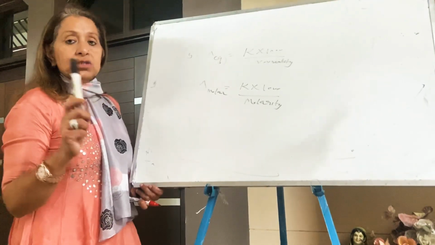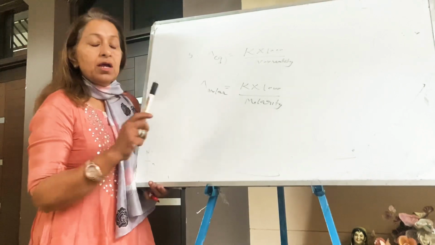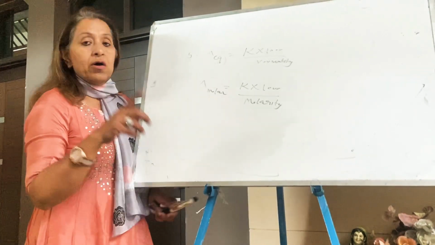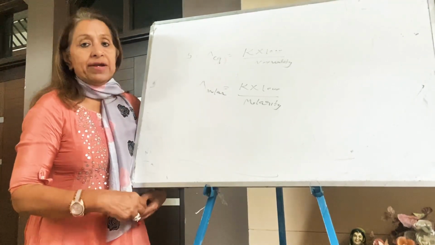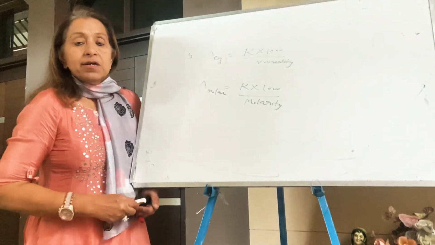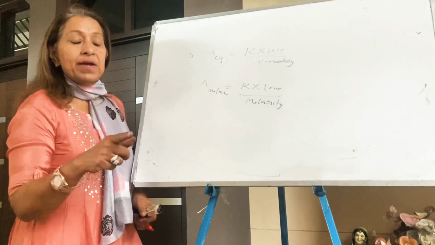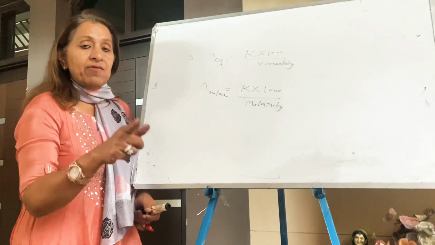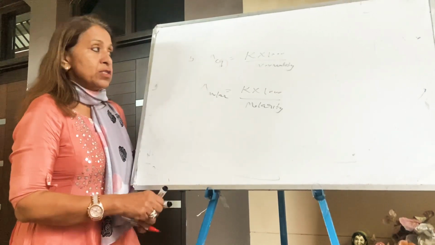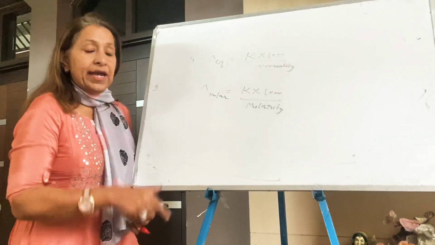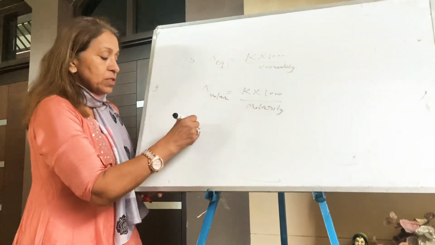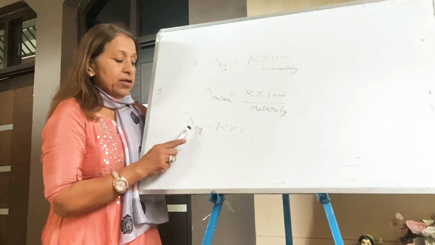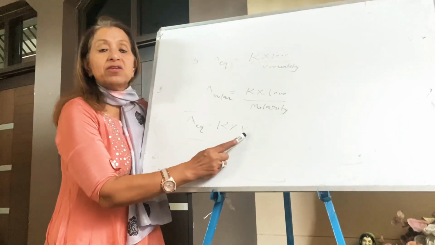There is one question from all this. You can write the question: what is the effect of dilution on specific conductance and equivalent conductance? Write down the answer. Specific conductance always decreases with dilution, but equivalent conductance always increases with dilution, because equivalent conductance is equal to K into V. So equivalent conductance always increases with dilution.